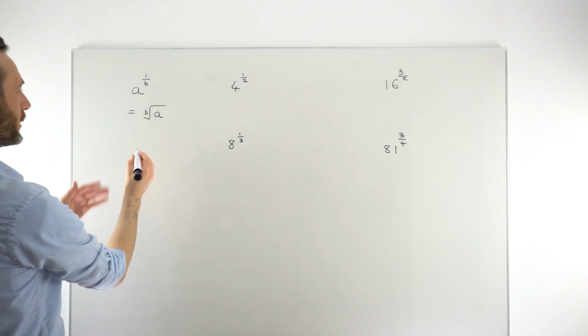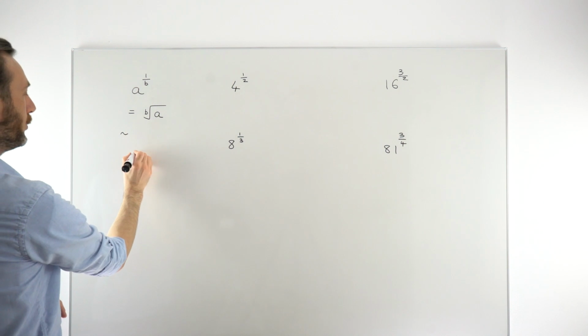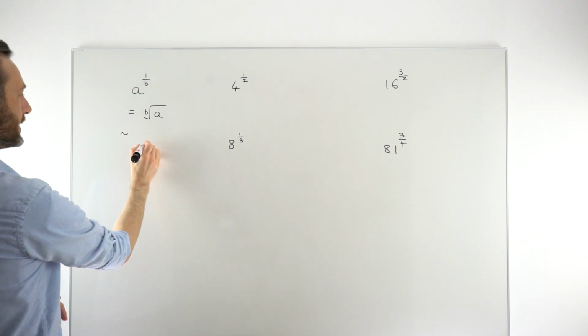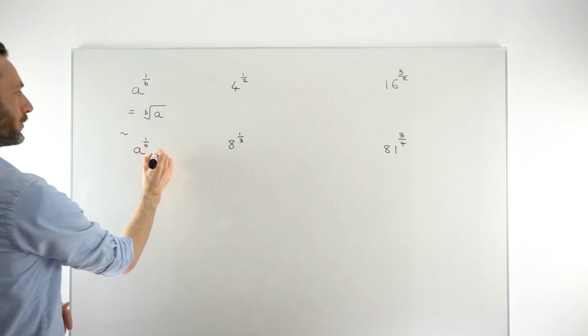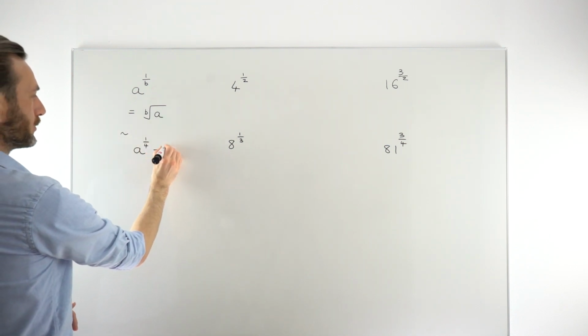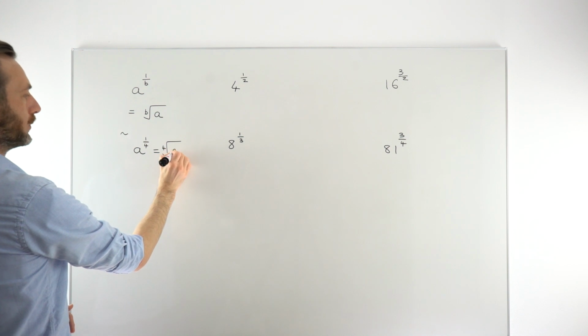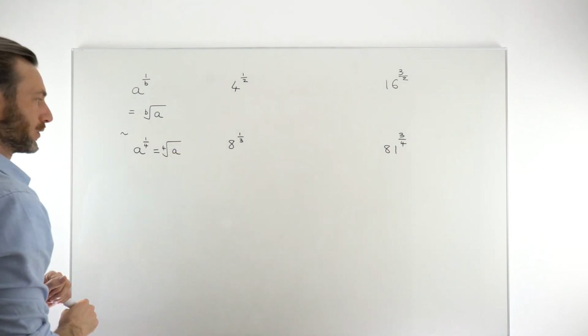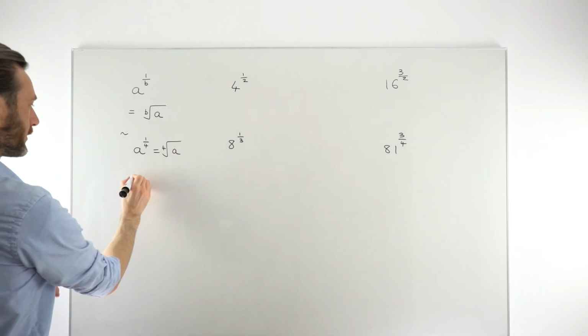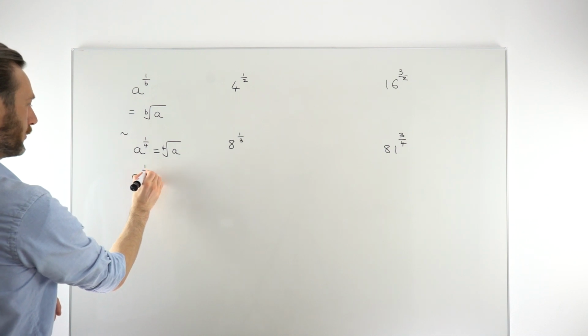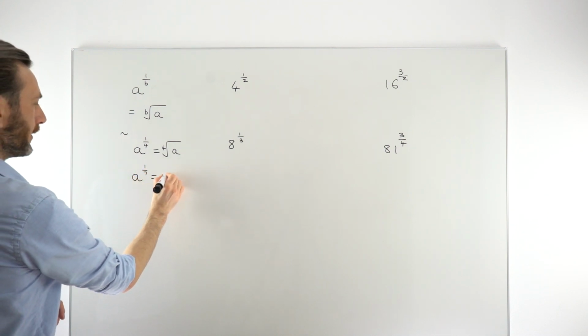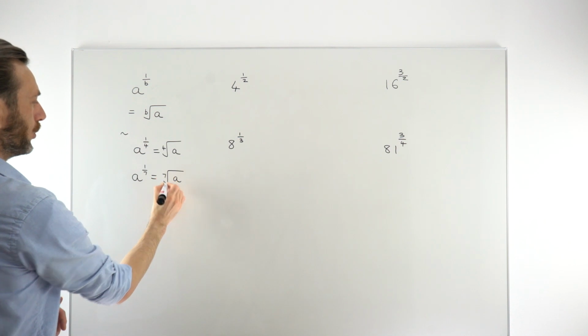So let's concretize that a little with an actual example. Let's say you had a to the power of 1 over 4. A 1/4 power, we just change that into the 4th root of a. Similarly, if you had a 1 over 7 power, then that would just be the 7th root of a.